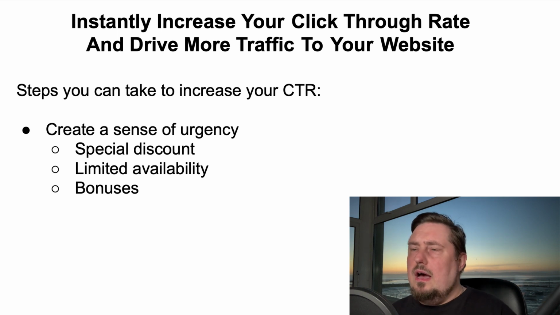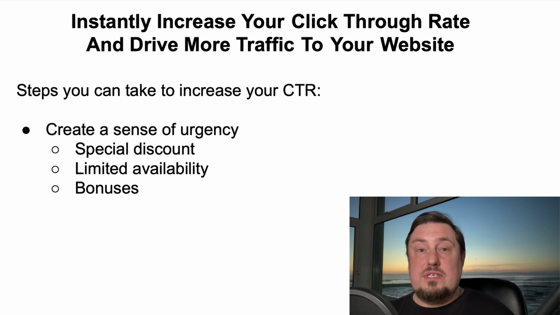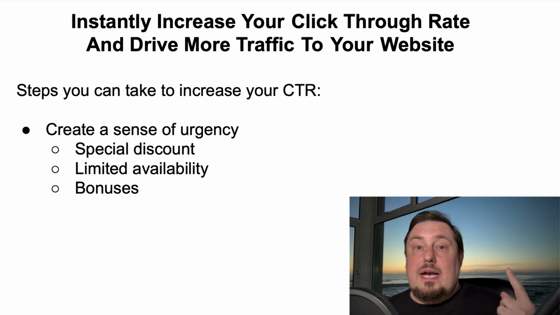You'll see me do a whole mix of these when I run a special deal on products, usually at launch. So what I tend to do is drop the price way down at launch, and then I stack the bonuses. I give them special stuff that they can't get anywhere else. And I also at times limit the availability, because listen, I can only work with so many people, right? I'm only one guy.